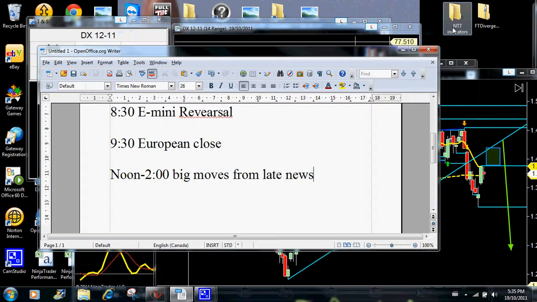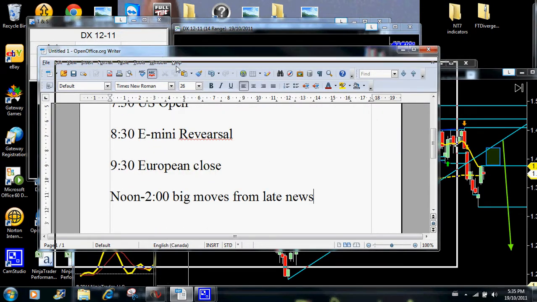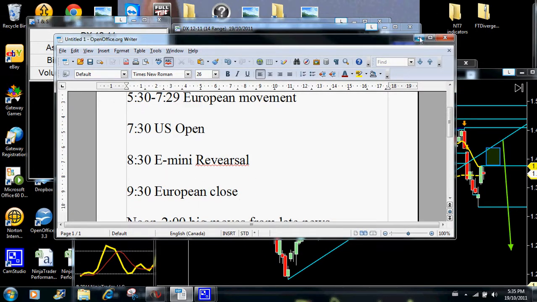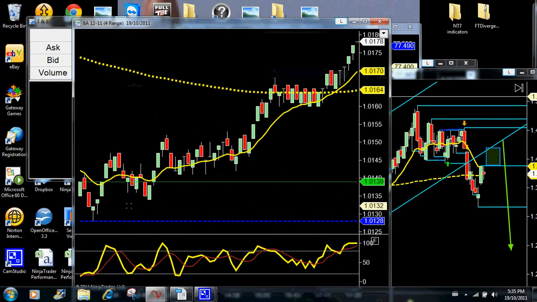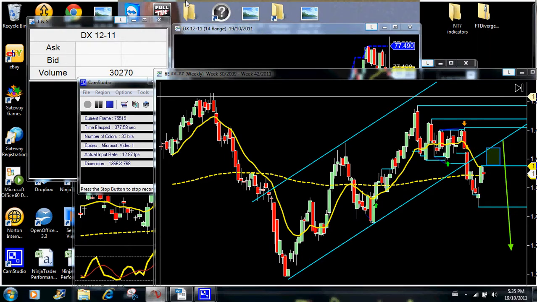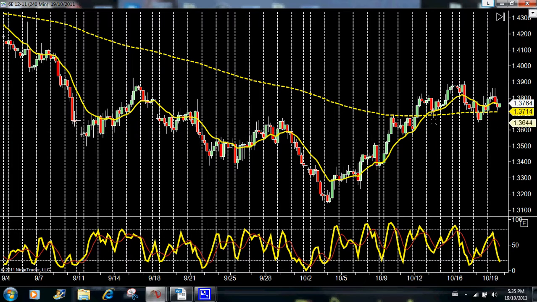Now, of course, the time indication that I've just shown you is for daily scalping. So I like to pick my positions around the 30 marks of every hour. And this is 6A, the Aussie dollar. Probably the most important chart for me would be the 4-hour chart.